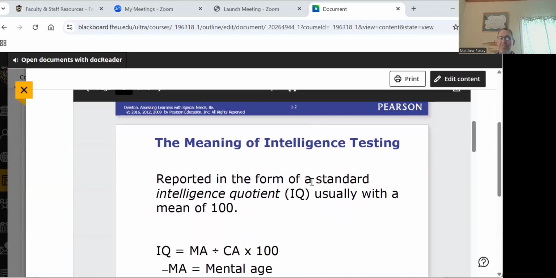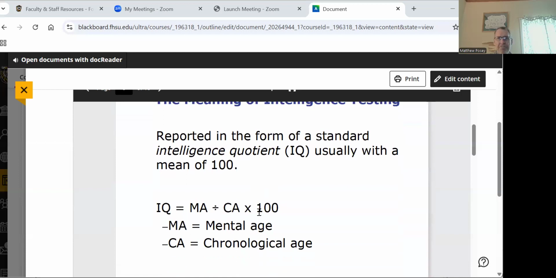So the meaning of intelligence testing: basically we report that in what we call a standard intelligence quotient, or IQ. We've all heard IQ. What's the IQ for this student? And when we look at that, it usually has a mean of 100. So if we had a bell curve, 100 would be right in the middle.